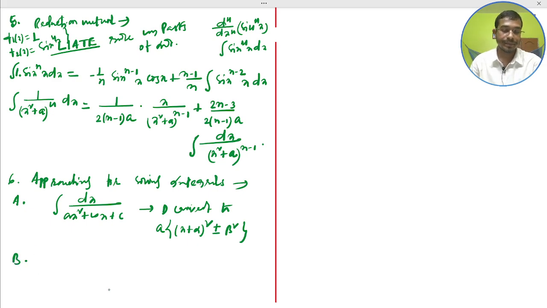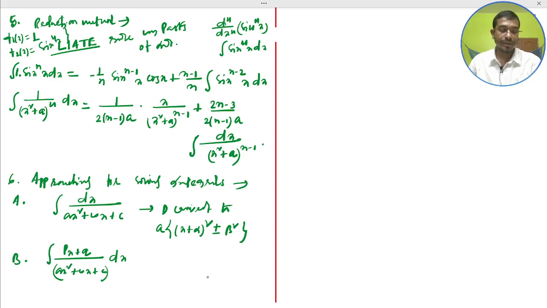Next, the integrals of the form (px plus q) divided by (x square plus bx plus c) dx.